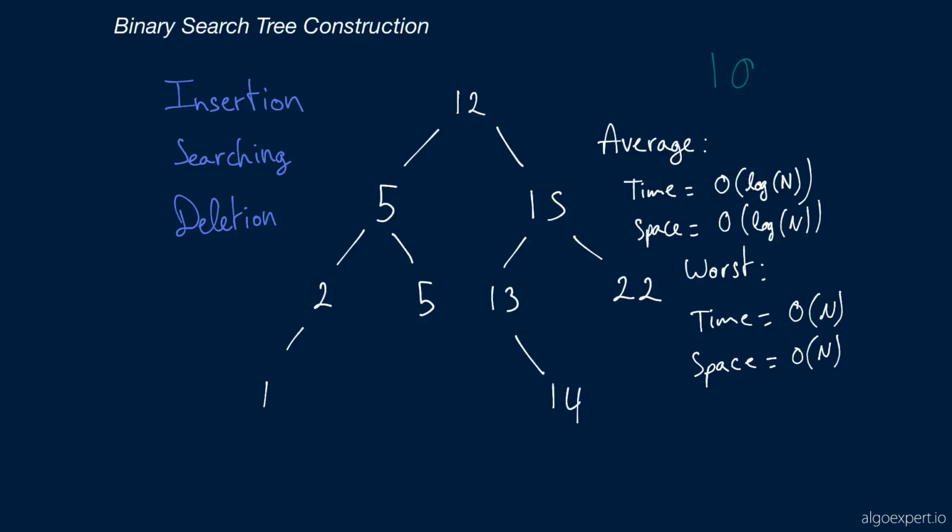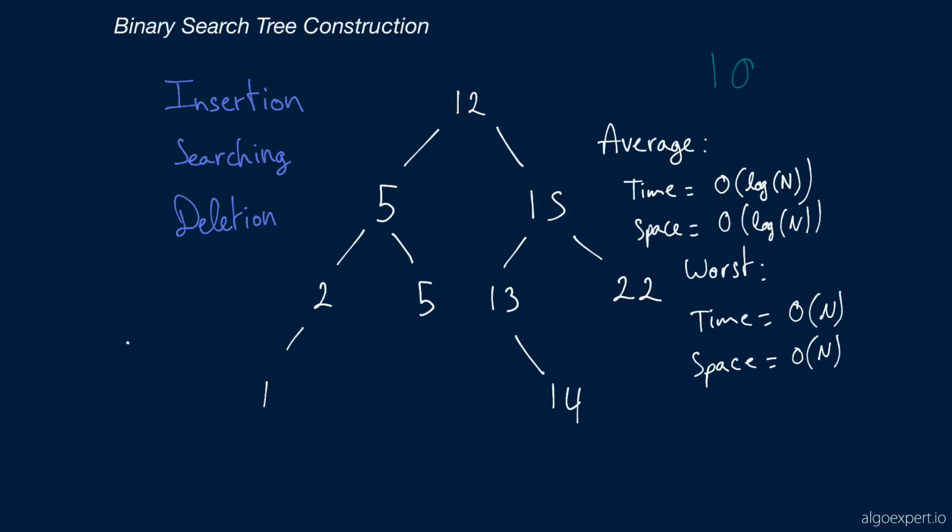What I mean by that is if you're implementing your algorithm recursively, let's say you're doing the searching method, you call the searching method on the root node, which is 12 here, and let's say you're searching for the number 14. You call it on the number 12, and 12 is less than 14. So then you call the searching method on the number 15, and you're using up a frame on the call stack from when you called the searching method on 12, right?